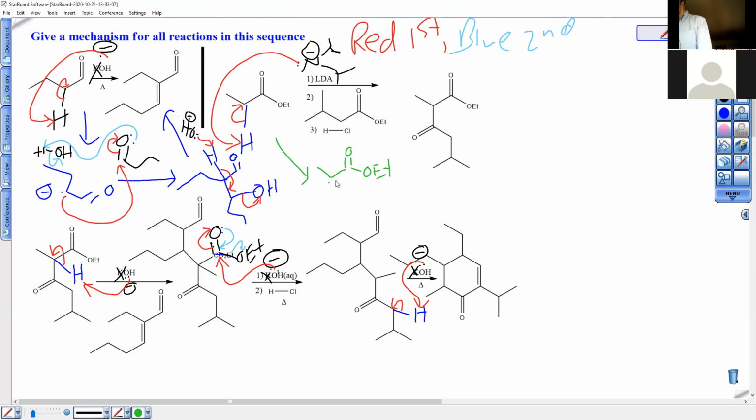This anion is going to attack this here, which has lone pair, resonates back. Keep the green going here. So we've got this.